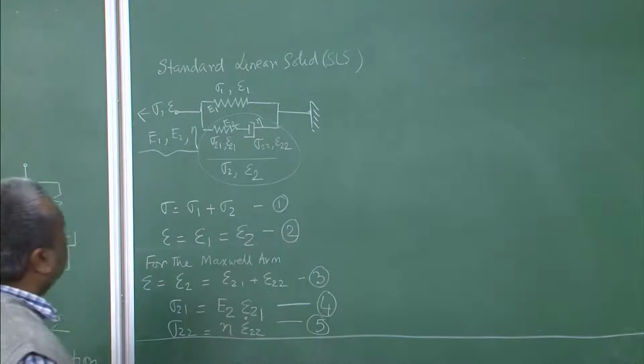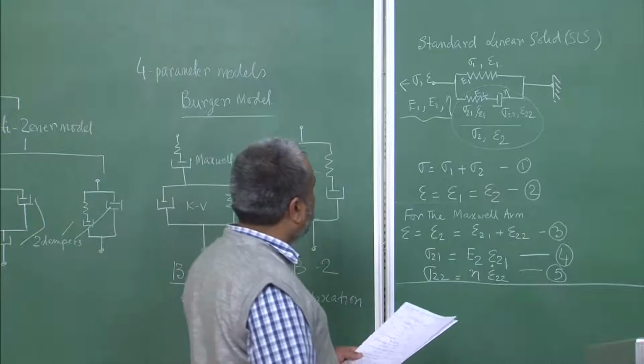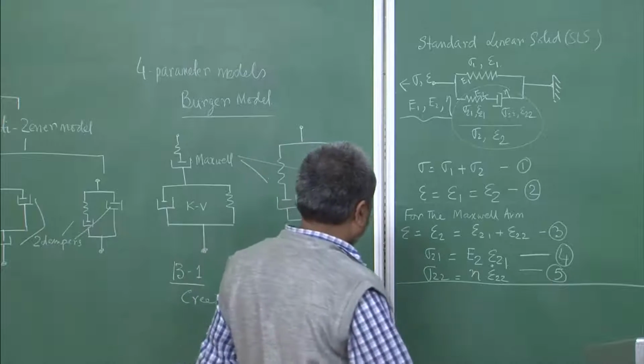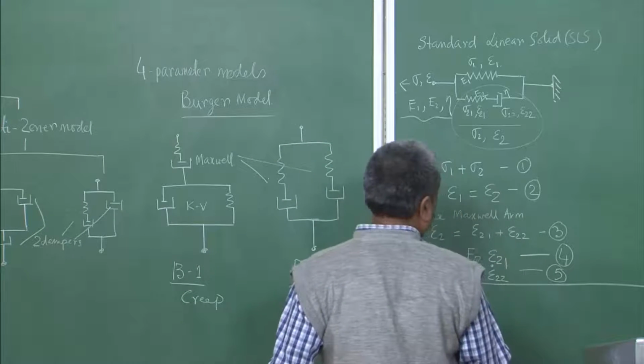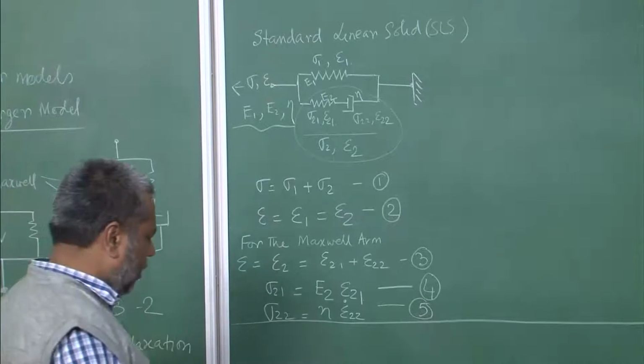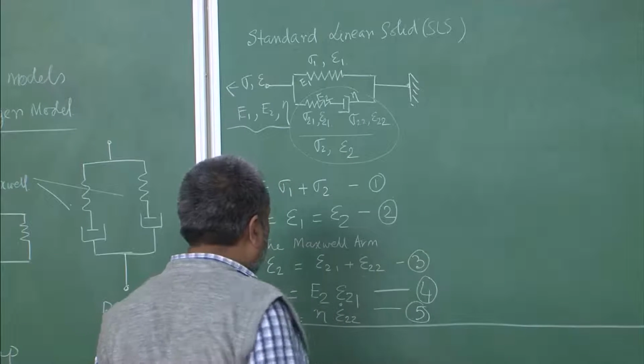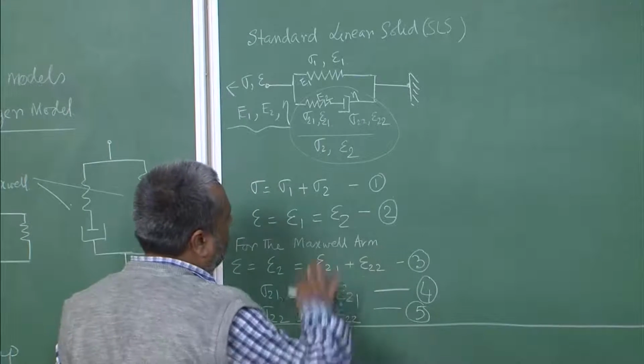So, we have all the basic equations with us, all the basic constitutive relationships with us. Regarding sigma 1 I did not write, but we can write that also, that sigma 1 is E 1 epsilon 1. So, let us try to now quickly see how we can apply this whole thing.